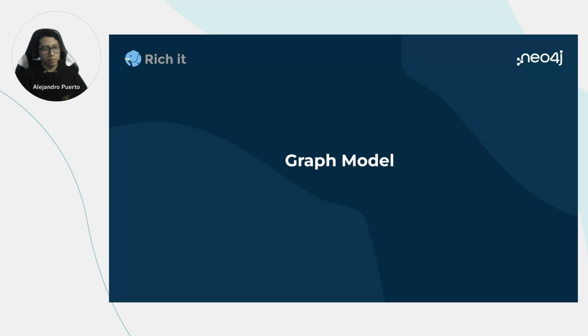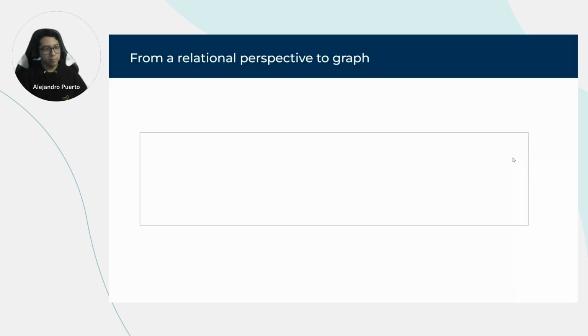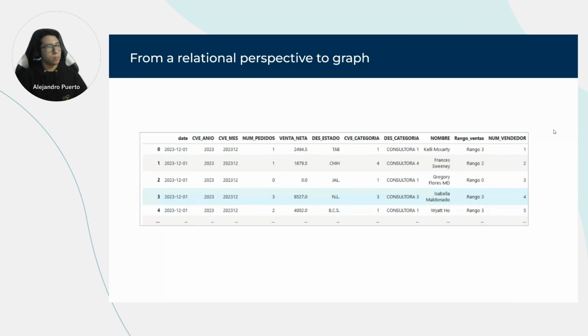So how to build the graph model? We need to pass from a relational perspective to a graph perspective. This is an example of how a relational model looks like. That is a row and column view of the data.